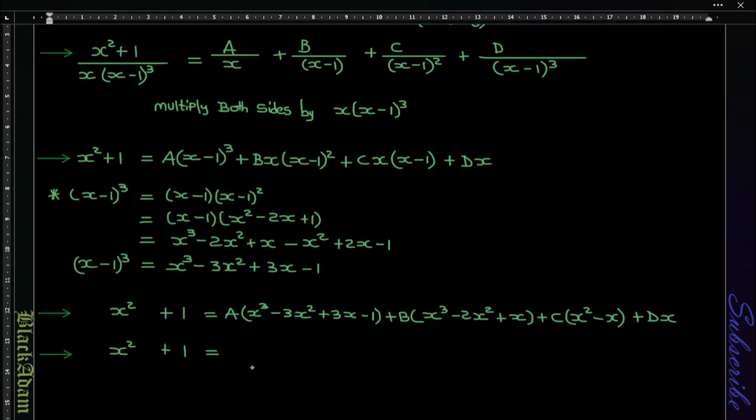We have 2, so it's going to be a plus b bracket multiplied by x cubed, and then from there we have minus 3a minus 2b plus c for the x squared terms, all of that factored by x squared.